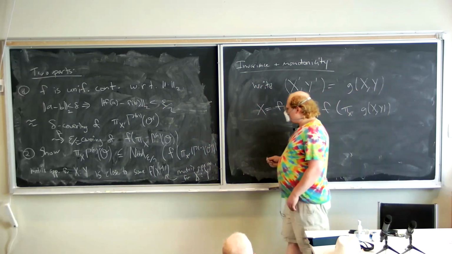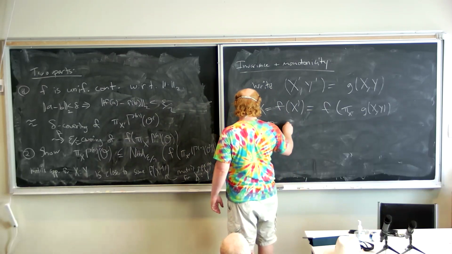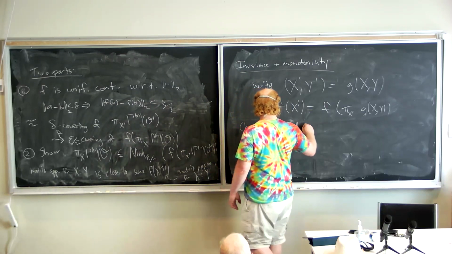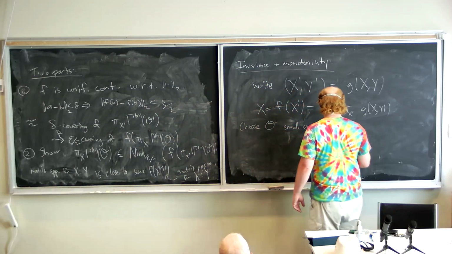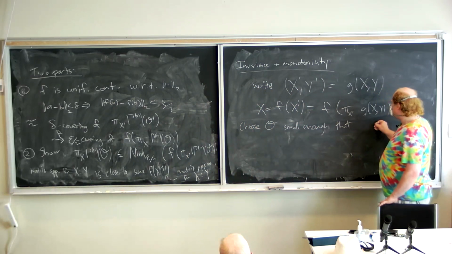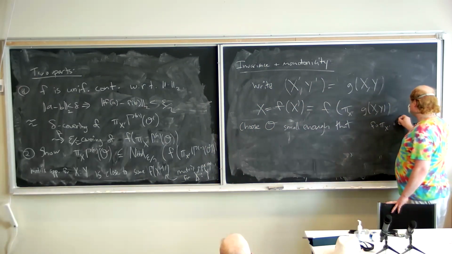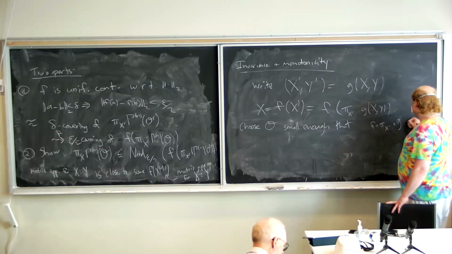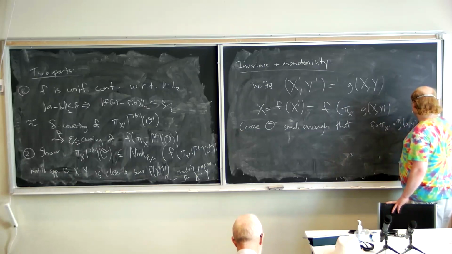And you can choose your neighborhood O small enough that f composed with pi x prime composed with g is close to, with x and y, is close to x.